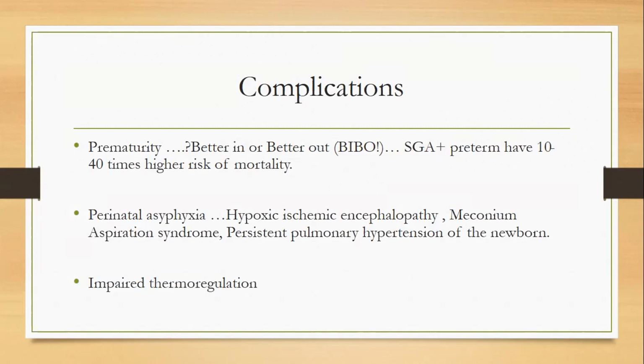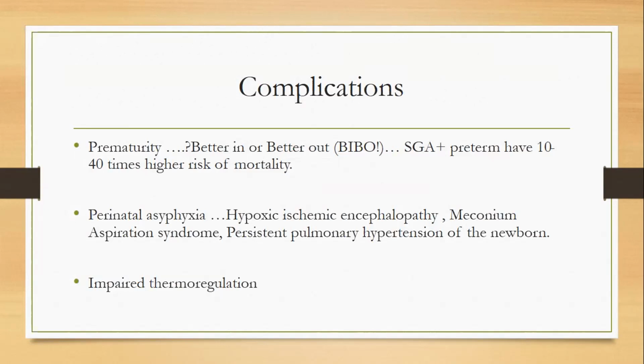It's very difficult to salvage some of these babies when the fetal growth restriction is not recognized early and the babies are not taken out early, and then they come late with some of these complications, which we find very hard to deal with. They also have impaired thermoregulation. They tend to get hypothermic, so we need to nurse them in a warm place in order to maintain good temperatures.